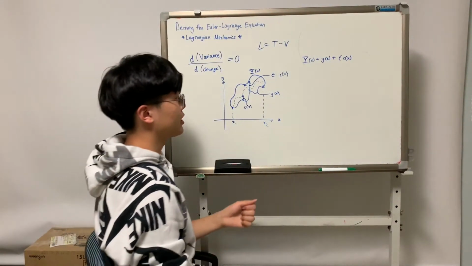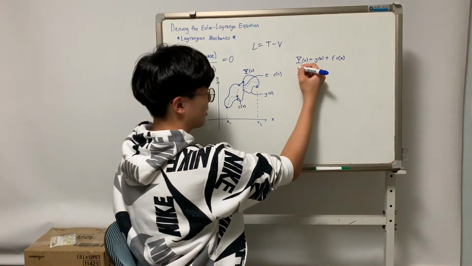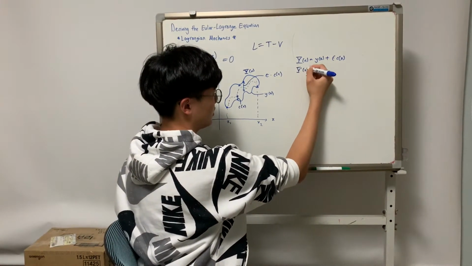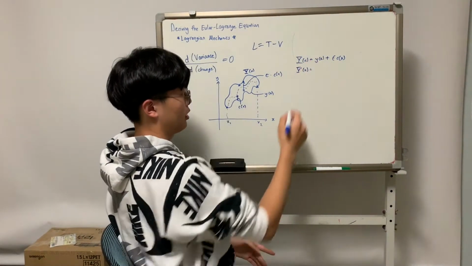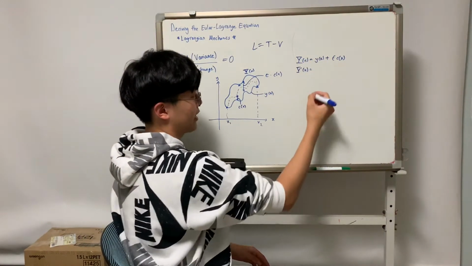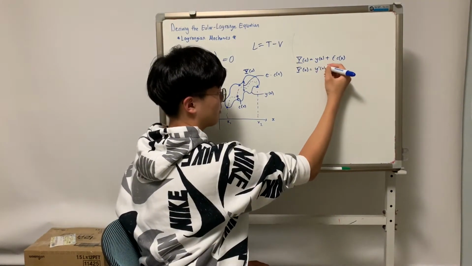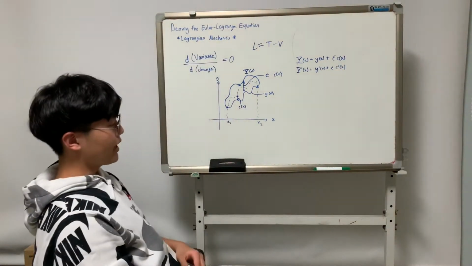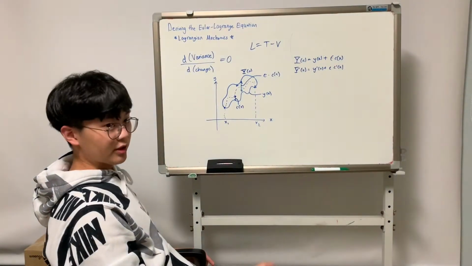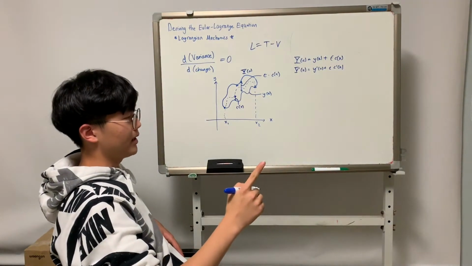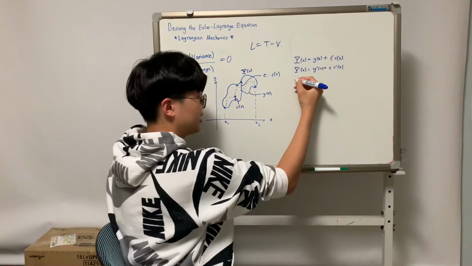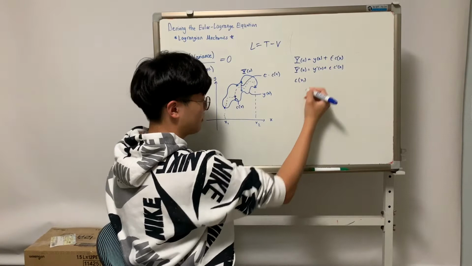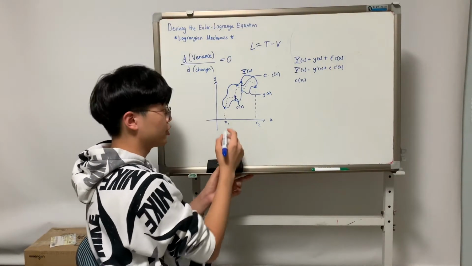And we could also say that big Y prime of x would be, well, we're differentiating every term by x, so we get y prime of x plus epsilon c prime of x. Well, what else do we know? There's one important thing that we know, and that is that c of x1 would be equal to 0.